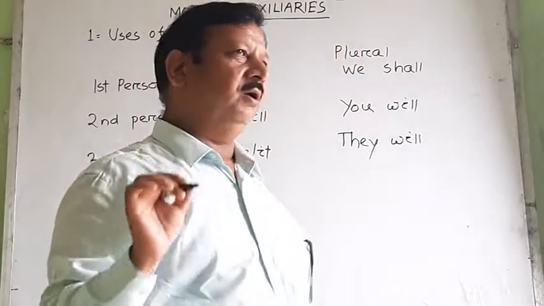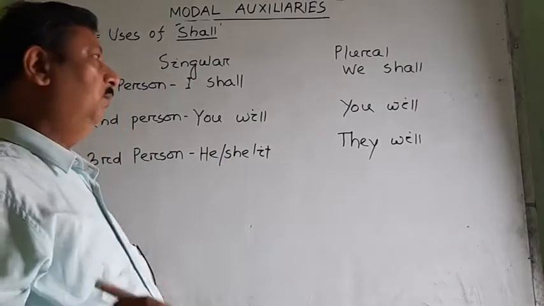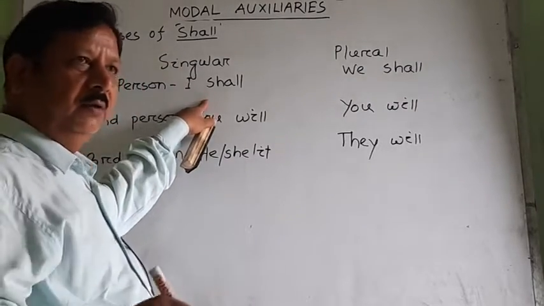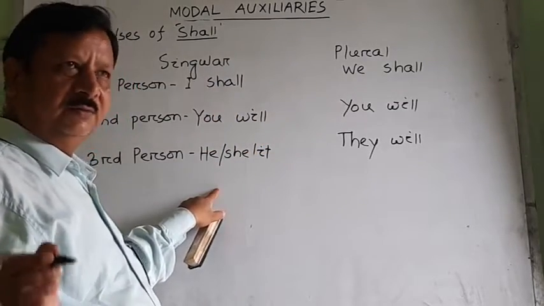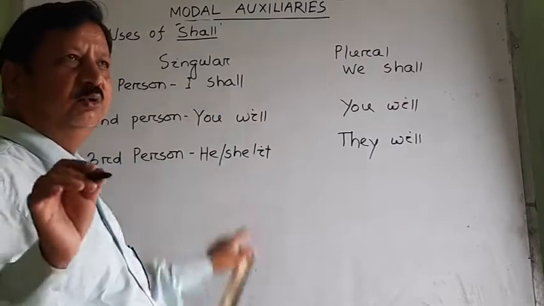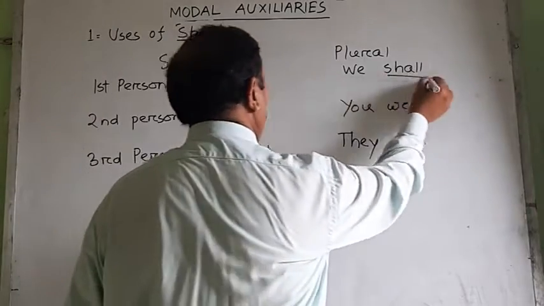You have already learned all these things even from your standard 3-4 or beforehand. But only to remind you and for your better understanding, I remind you again that this is the usual general use of shall and will.